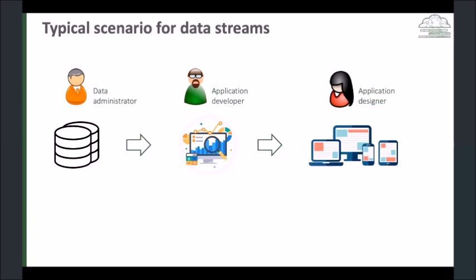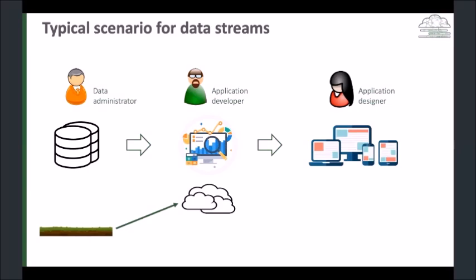When we are talking about data streams, the typical situation is that the data are usually generated on the edge of the network. This is represented by the ground at the bottom of the slide. But usually the analysis is performed on the cloud, because the cloud has more capacity in terms of computation and storage.